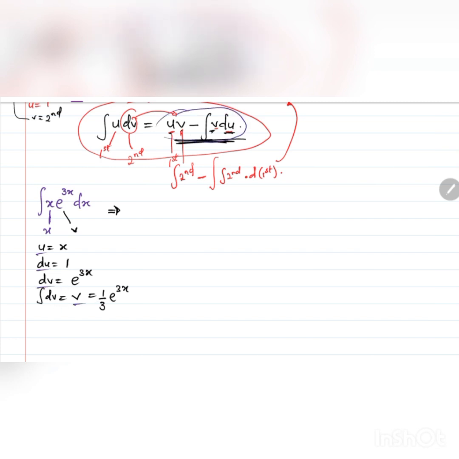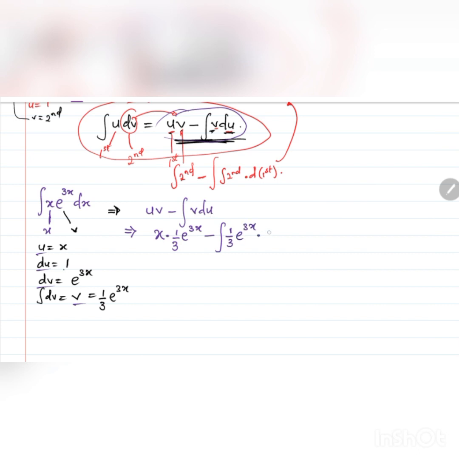Since I've gotten u, du, dv and v, I can substitute into the formula: the question is equal to uv minus the integral of v du. What is u? U is x. What is v? V is 1 over 3 exponential 3x, minus the integral of v, 1 over 3 exponential 3x, times du.